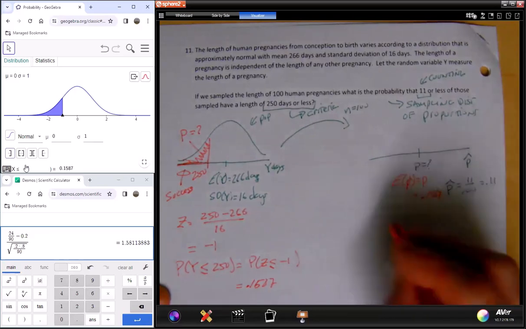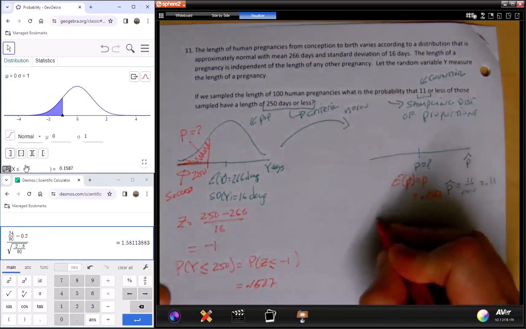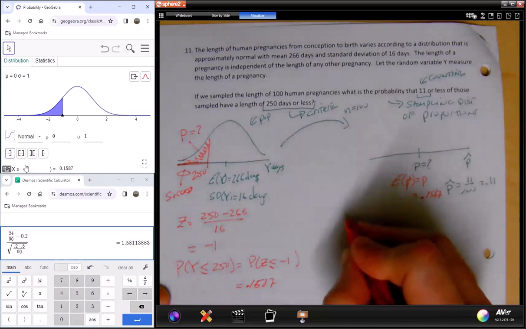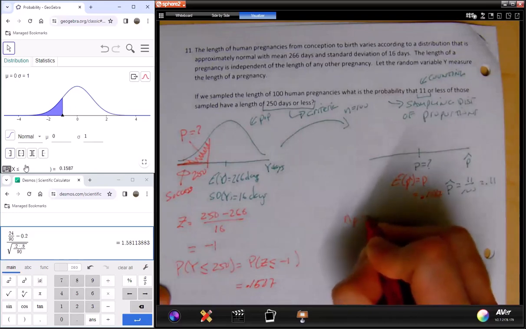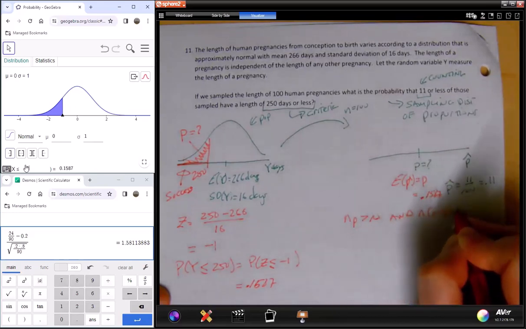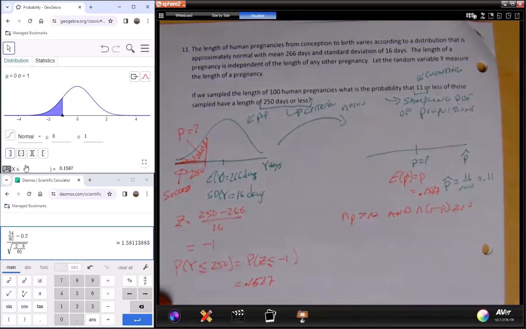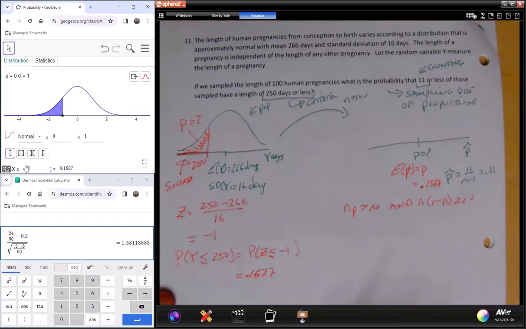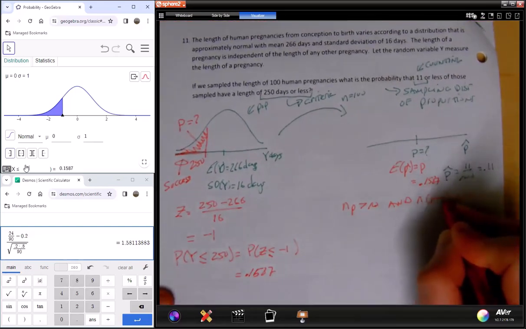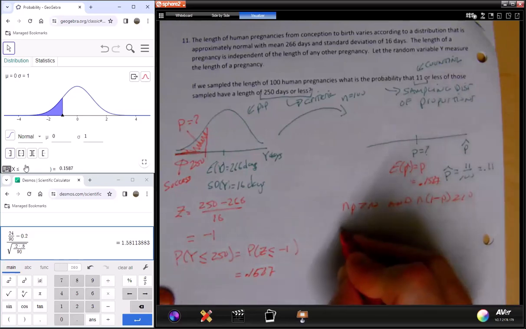But I have 100 here. Do I meet the criteria? Well, again, can I draw a normal curve? And again, I need to check this criteria. So one thing you might start to realize is that statistics involves checking a lot of things. Do we meet certain conditions? And this is true. We do.